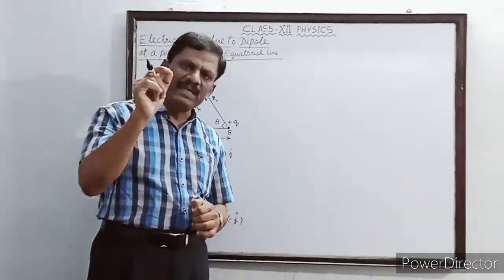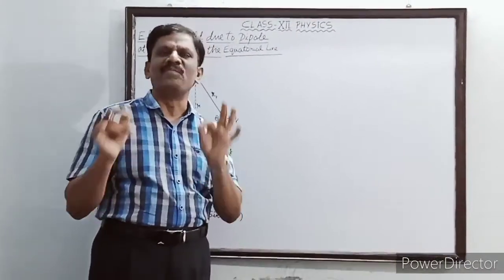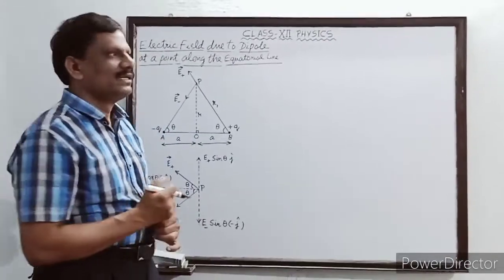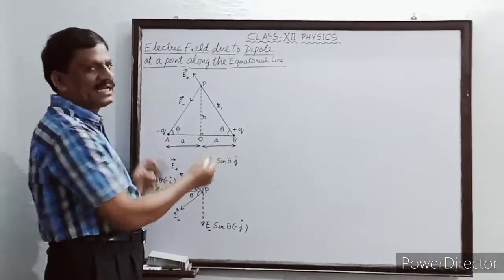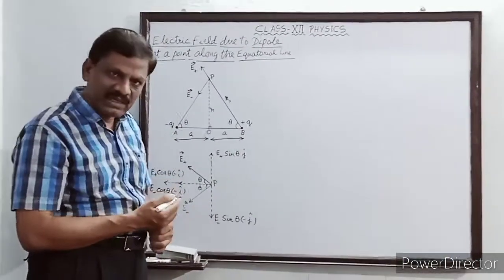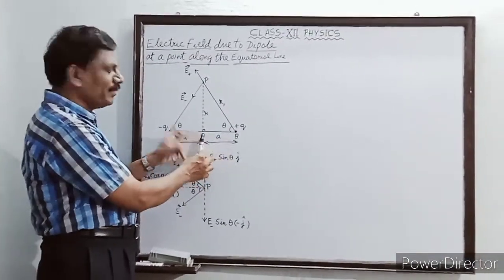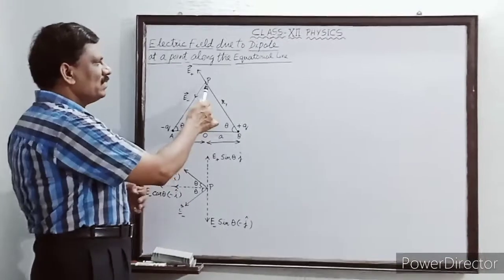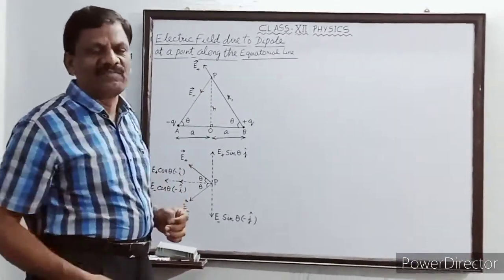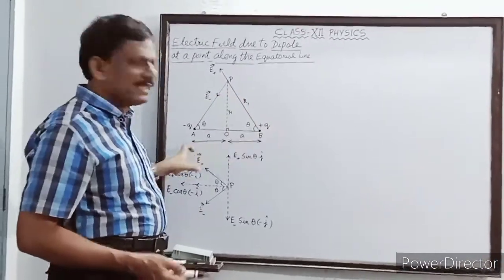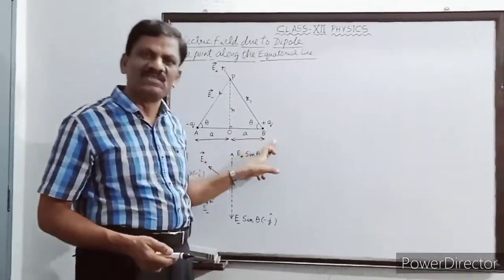So the point P is at equal distance from both the positive charge as well as the negative charge. Now what is the distance between the two charges? As usual, it is equal to 2a. So I have split it as a plus a with respect to the midpoint. Now our intention is to derive an expression for the electric field at the point P due to both the charges by using the principle of superposition.